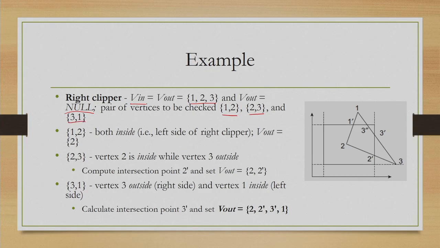For 1 2, both are inside the right clipper, we can check by comparing their coordinate values, because both of them are on the left side of the right clipper. So, V out is now 2. Then we check the pair 2 3, here we can see that 2 is inside whereas 3 is outside. In that case we compute the intersection point 2 dash, this point, and then set V out to be 2 2 dash.